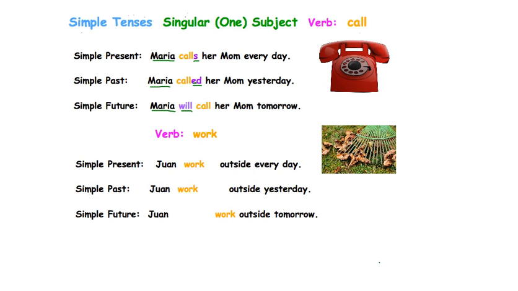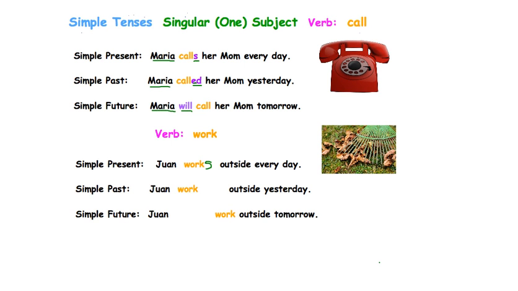Now we'll try another one and look at the word work. So the verb work will be shown in the simple present, simple past, and simple future. Going back to our model up here, when we're showing one person in the present tense, we're going to have an S on the end.